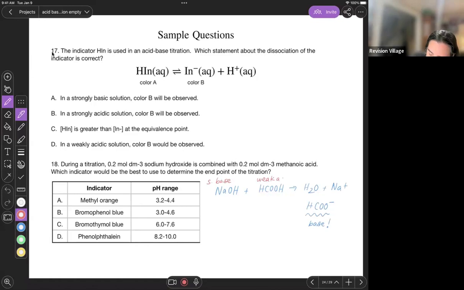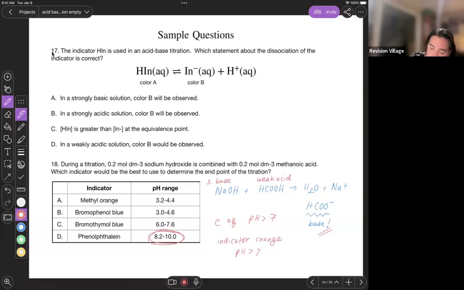We know it's a weak acid because it's not one of the big five. And so we know that the strong thing is going to win. And so our solution at equivalence is going to be basic. So at the equivalence point, I am confident that the pH is going to be greater than 7. So I want an indicator that's going to change colors with a pH greater than 7. And so I looked at the table and I found phenolphthalein where the color change occurs with a pH greater than 7. So I felt confident it was the best answer.